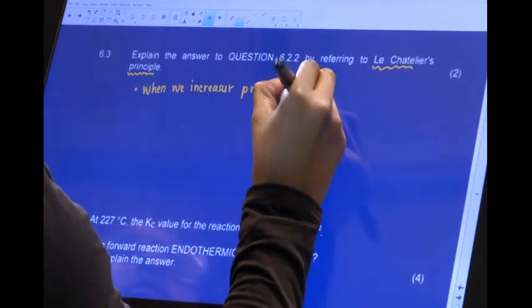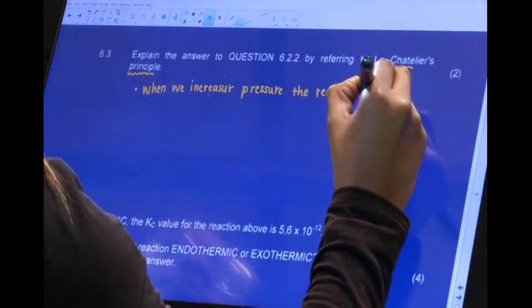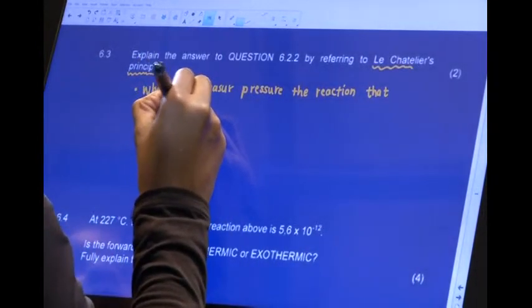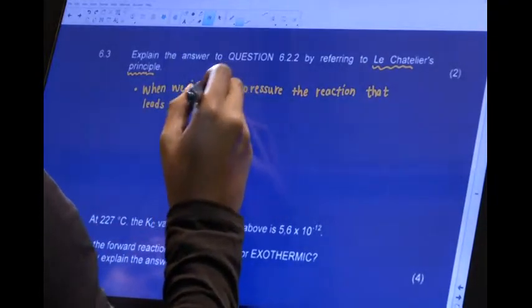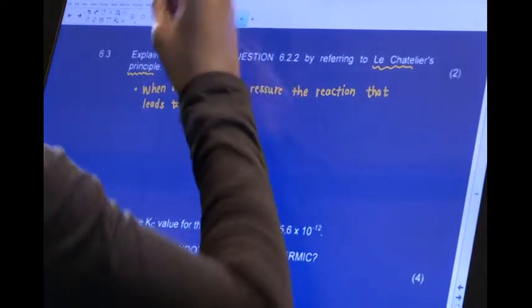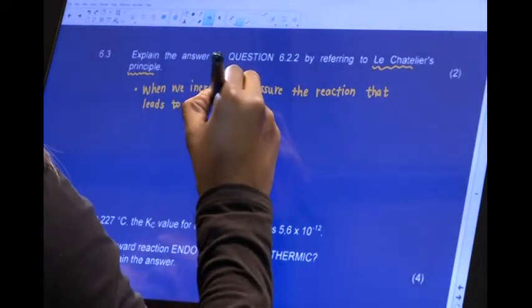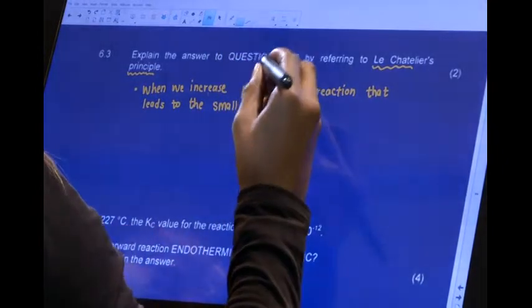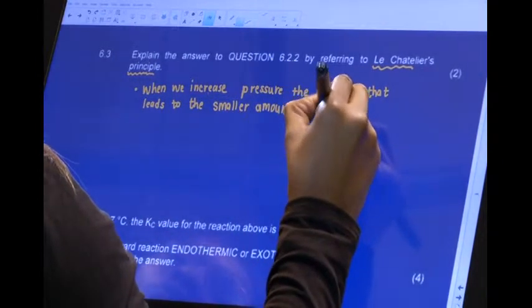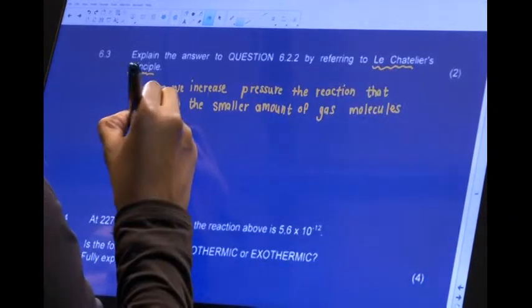When we increase pressure, the reaction that leads to the smaller amount of gas molecules is favored.